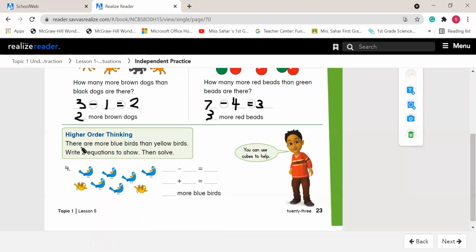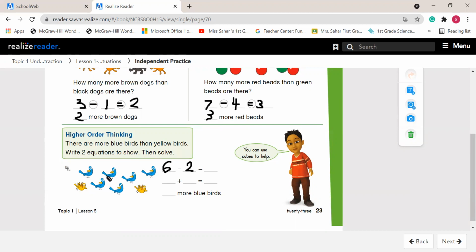All right, so what we have first, there is blue birds and yellow birds. Let's count. How many blue we have? 1, 2, 3, 4, 5, 6. So I have 6 blue birds. How many yellow birds we have? 1, 2. So 6 minus 2.